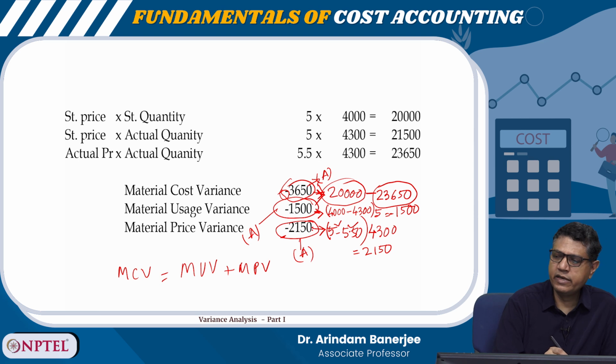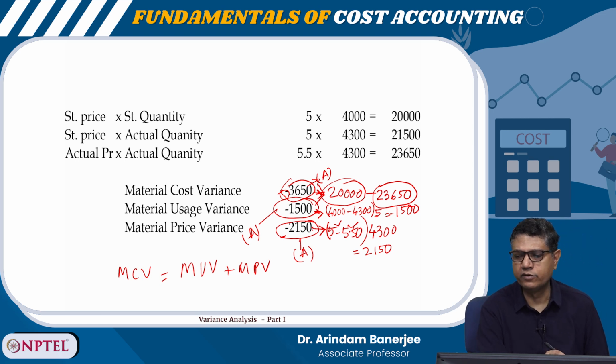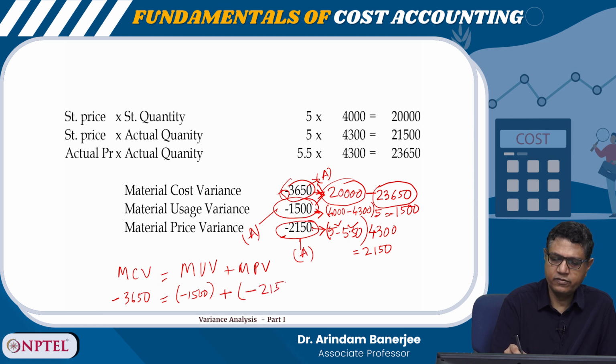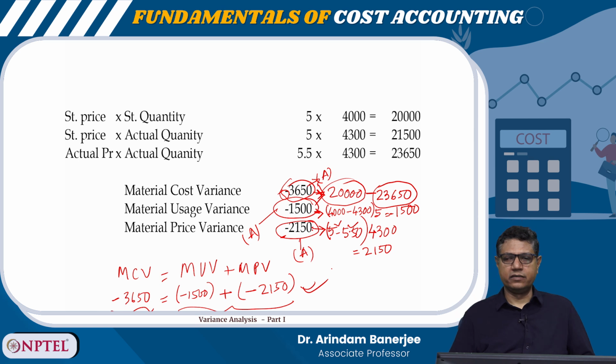Here MCV, we calculated, is minus 3650, which is equal to minus 1500 plus minus 2150. You see the left hand side and right hand side are equal, so that means this calculation is correct.